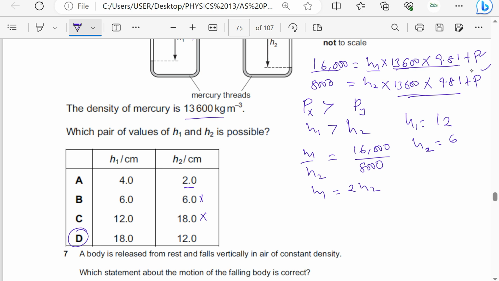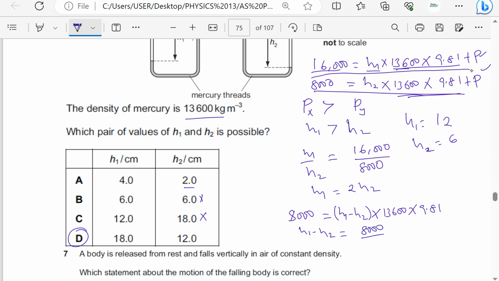When you subtract the two equations, you have 8,000 equals H1 minus H2 into density, which is 13,600 times G, which is 9.81. When I subtract the two equations, P cancels out. So H1 minus H2 is going to be equal to 8,000 divided by 13,600 times 9.81.